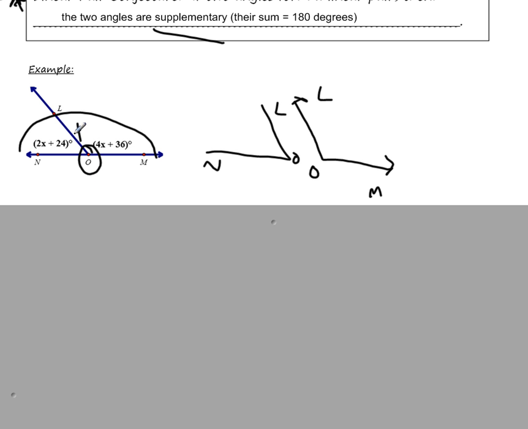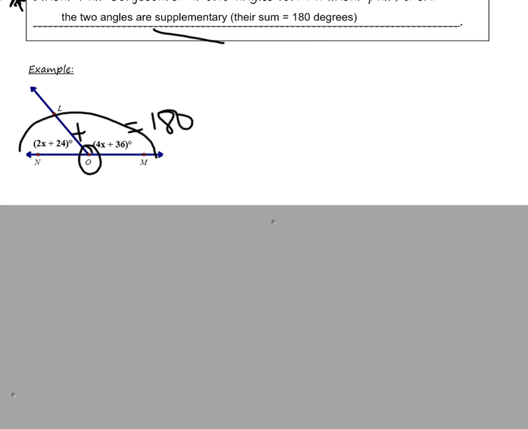So they have a sum of 180 degrees. So what I just said verbally, we're going to write out algebraically. You have angle NOL plus angle LOM with a sum of 180 degrees. So that's how we do it.